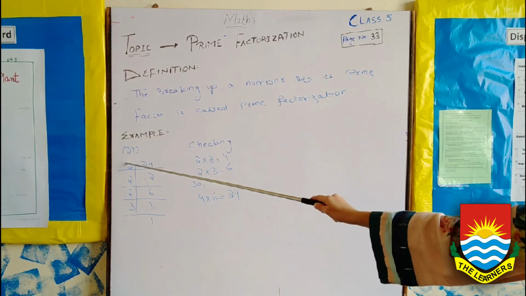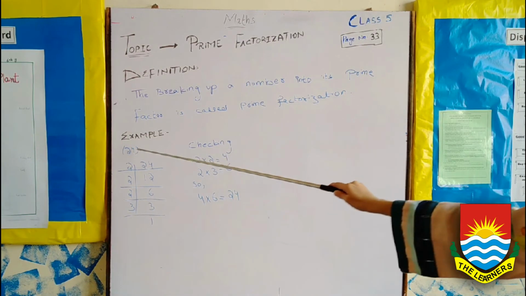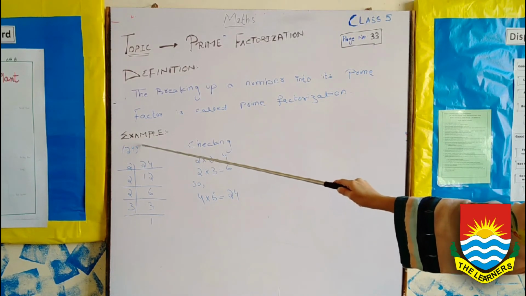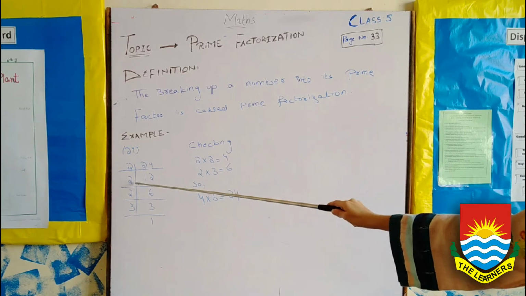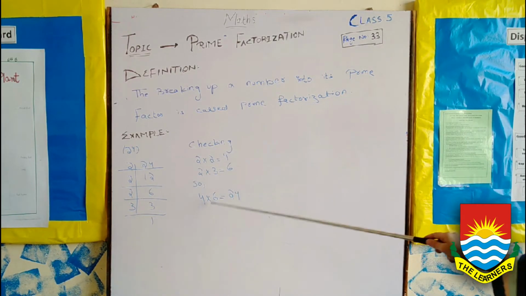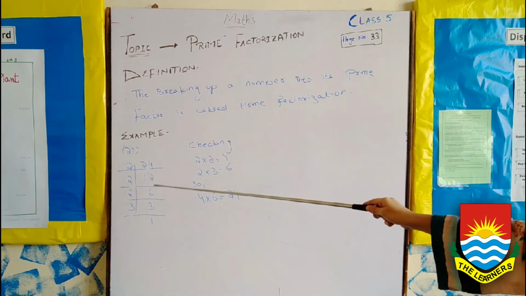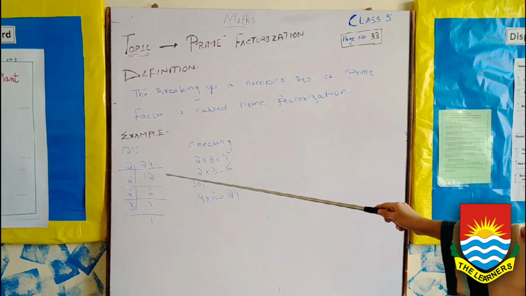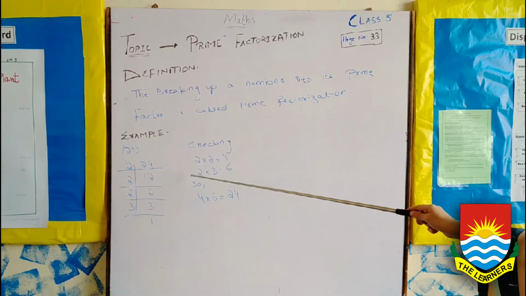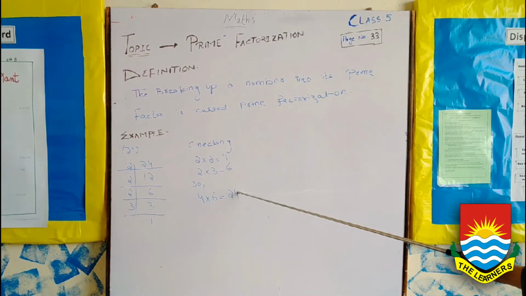When we multiply these factors, the answer or the product must be equal to 24. 2 2s are 4, 2 2s are 4, then 2 3s are 6, and 4 6s are 24. So 1, 2, 3, 4, 6, 8, 12 and 24 all are the factors of 24.